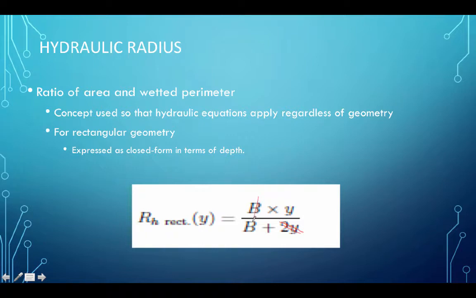If that's the case, then those b's would cancel, and so for a wide channel, Mississippi River kind of wide, the hydraulic radius is approximately equal to the flow depth. If it's not wide, we won't make this observation.